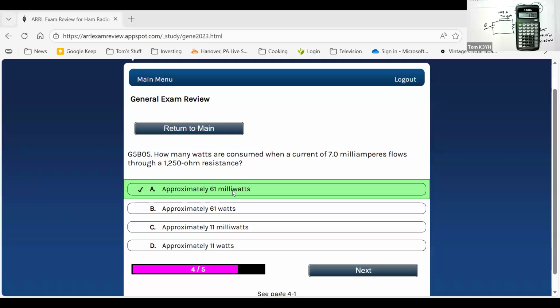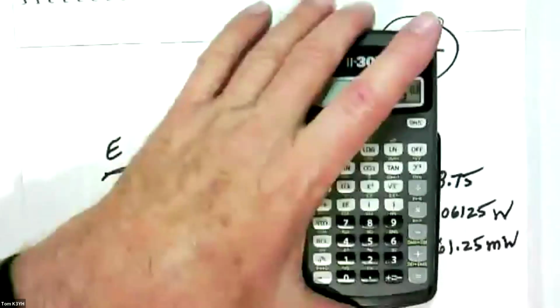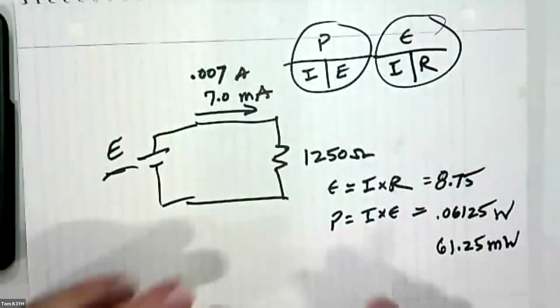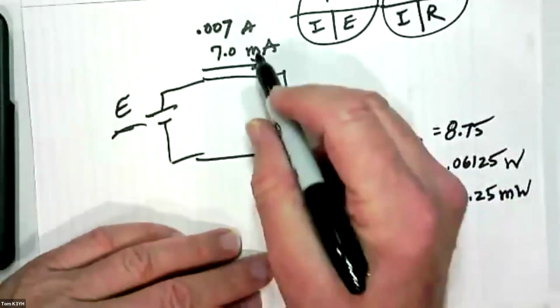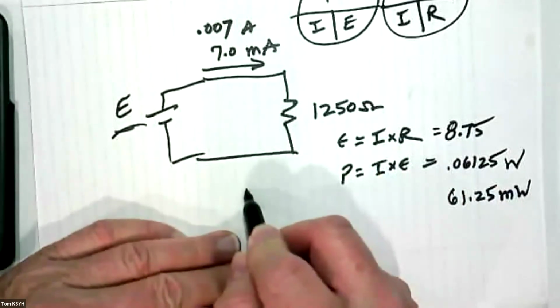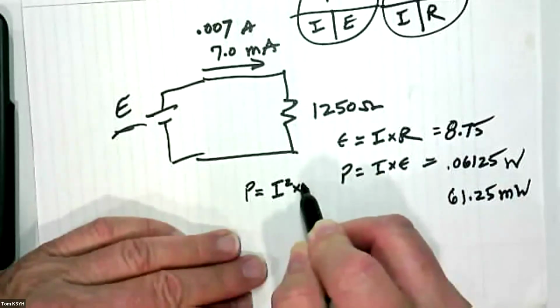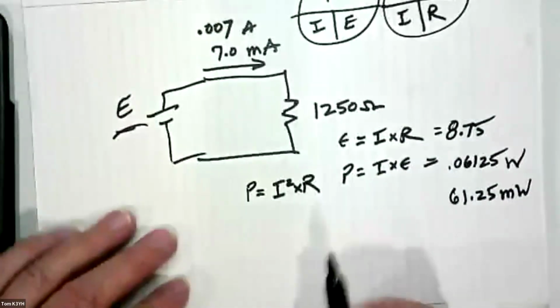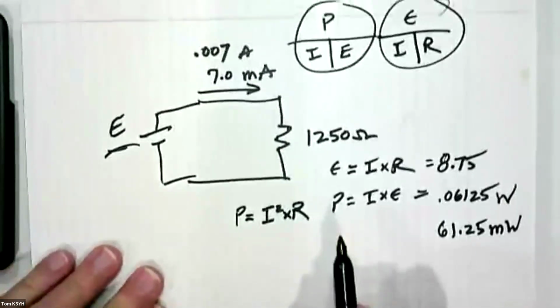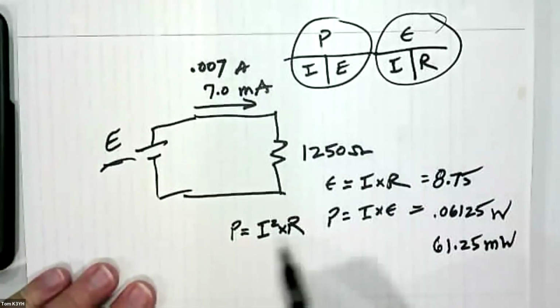So if we go back here, and I've already checked off the answer for this one: 7 milliamps, 1250 ohms, 61 milliwatts. Now, if you look in the book, you will see that they give you an equation for this where you know the current and the resistance. They'll say that power is equal to I squared times R. That's basically what I did, but I didn't have to remember that equation.